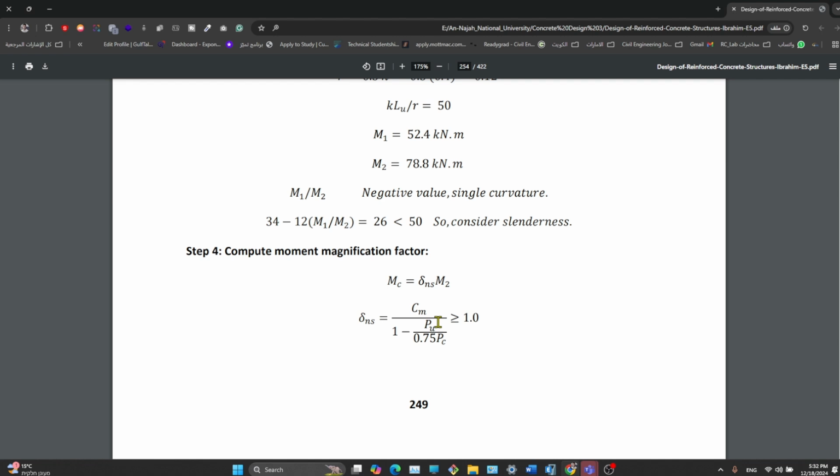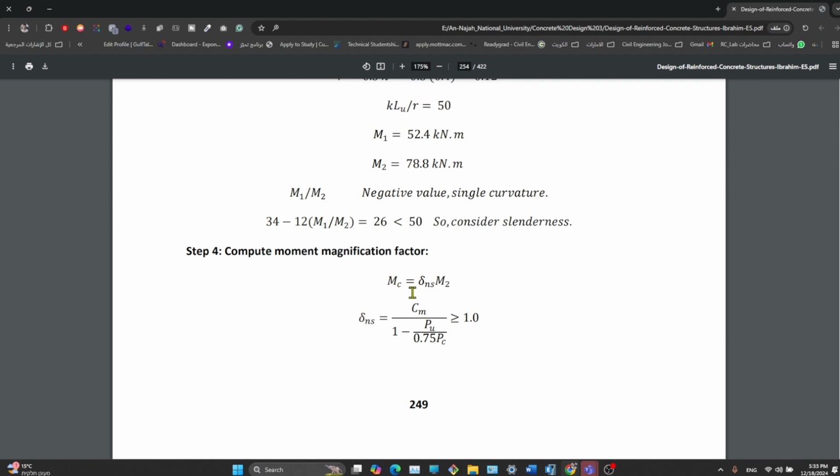Now we need to compute the magnification factor for the moment. As we agreed together, we have two methodologies for designing the slenderness for columns, where the first one would be to consider the second order analysis, which means we need to consider the deflections. The second methodology is the magnification factor for the moment.